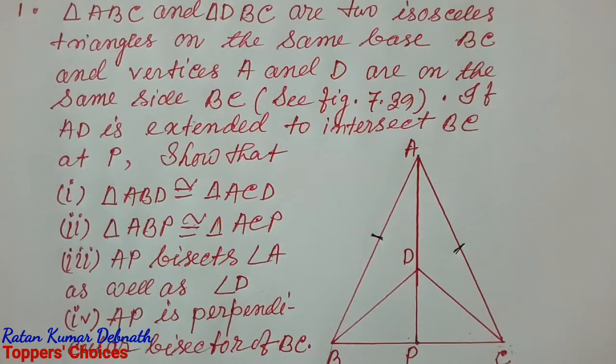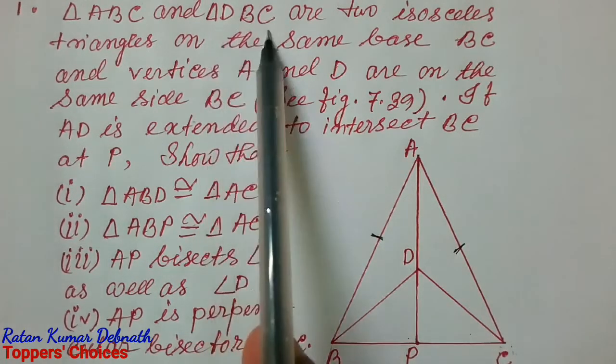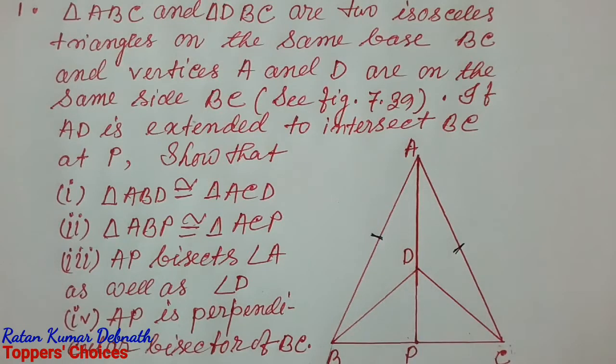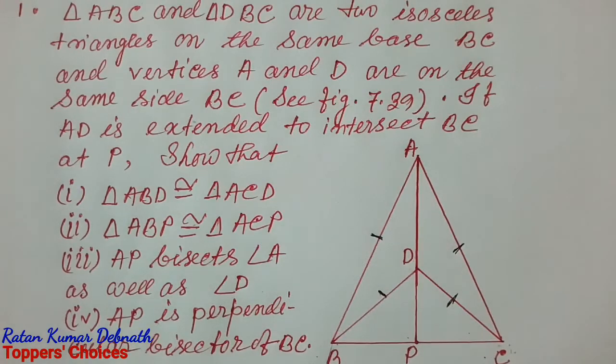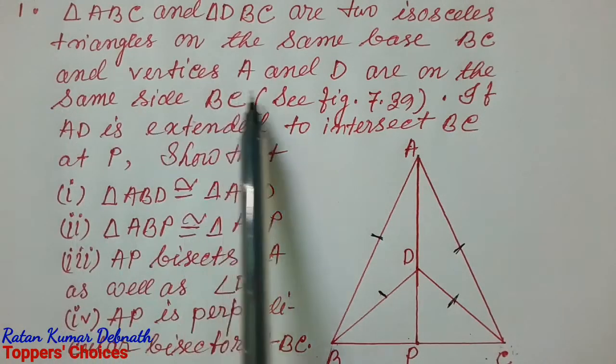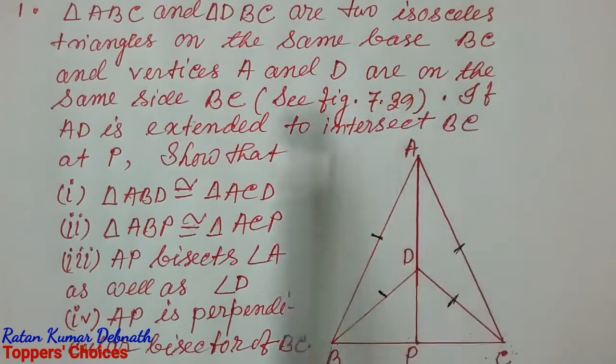And according to the question, triangle DBC is also an isosceles triangle with base BC. So we can say in the triangle DBC, DB equal to DC. That means this side equals this side.